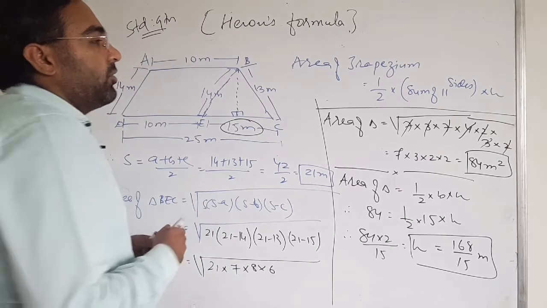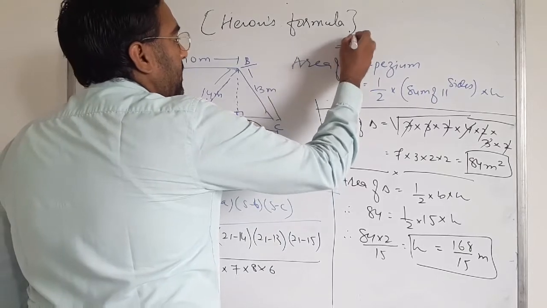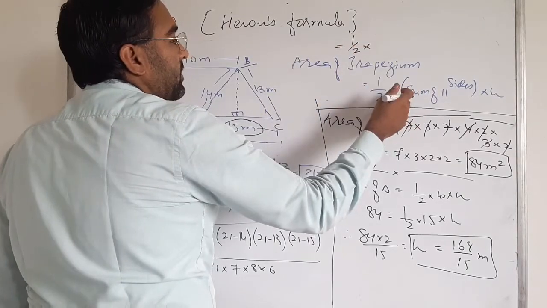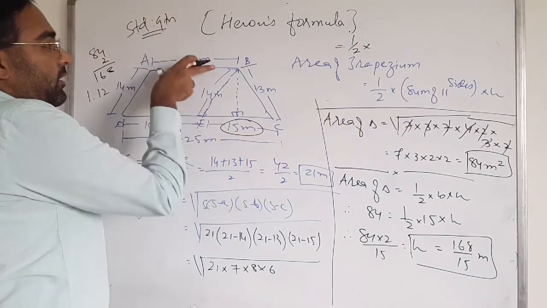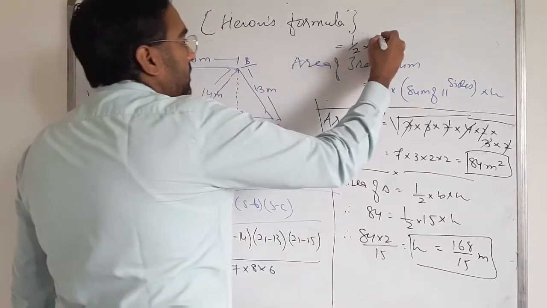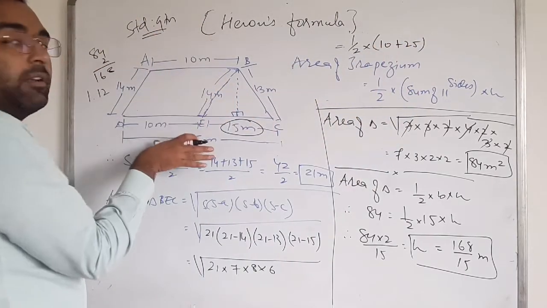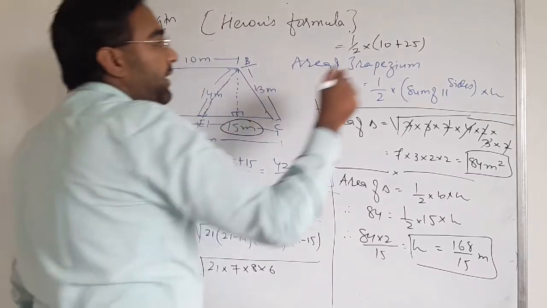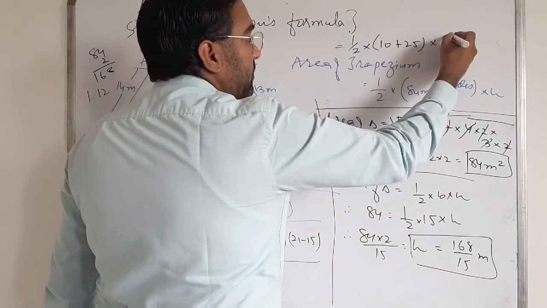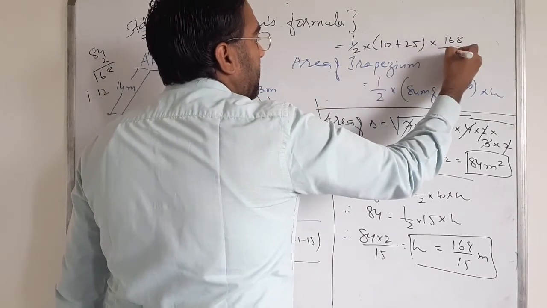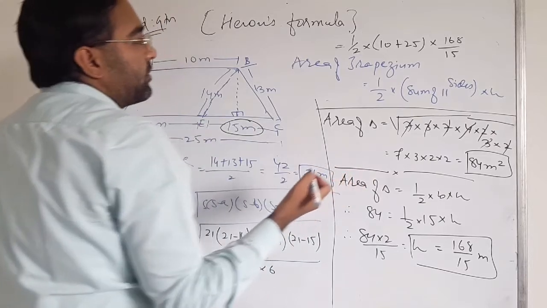So we have to find the area of the trapezium. In the area of the trapezium there is half into the sum of parallel sides, that is 10 and 25. The sum of the parallel sides of the trapezium, that is 10 and 25, that is 35, into height 168 by 15.